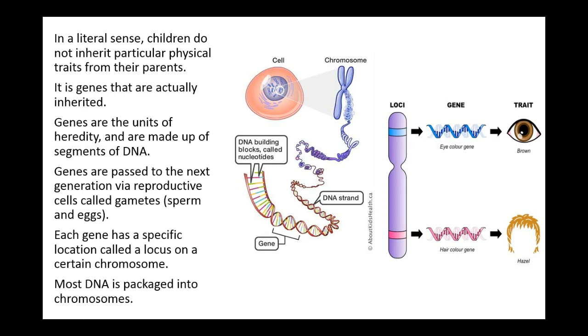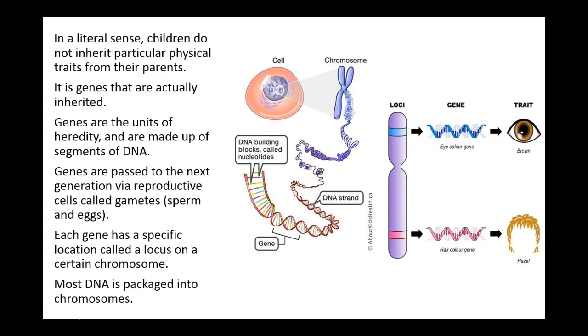The word genes sometimes can be synonymous with your entire genome. Genome is all of the DNA that you inherit, or sometimes it can be ascribed to just specific traits. So you have the genes for a very muscular build or something like that.